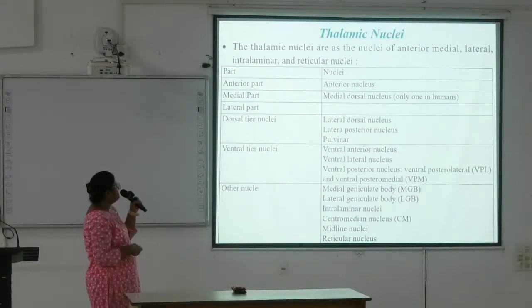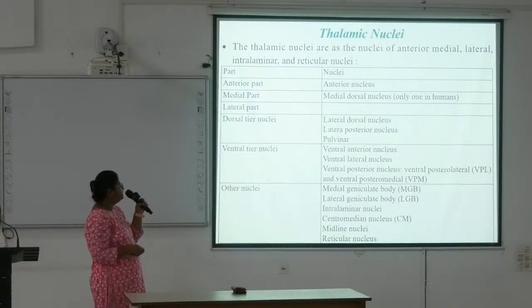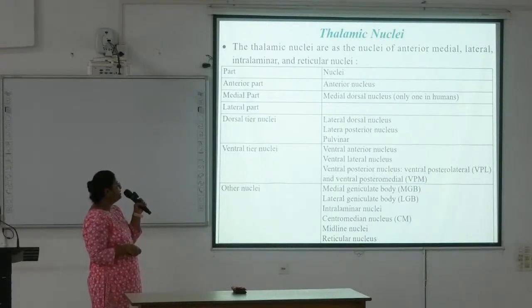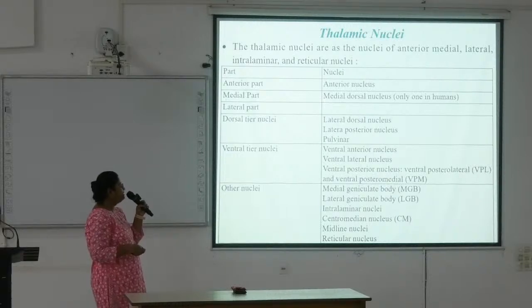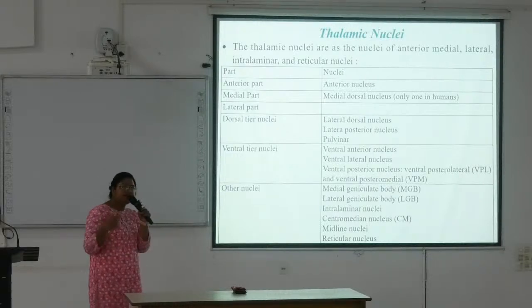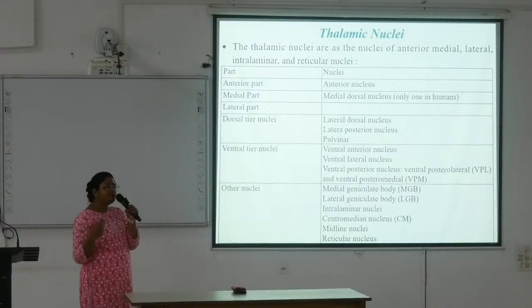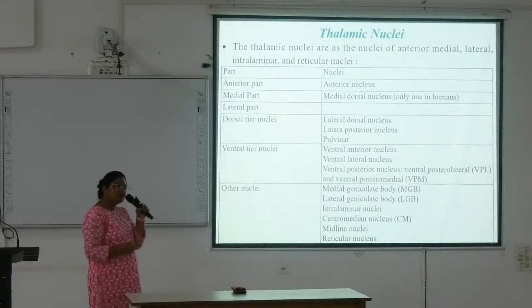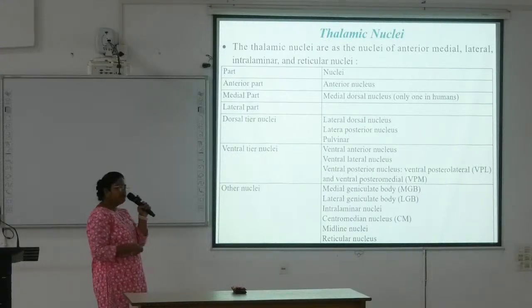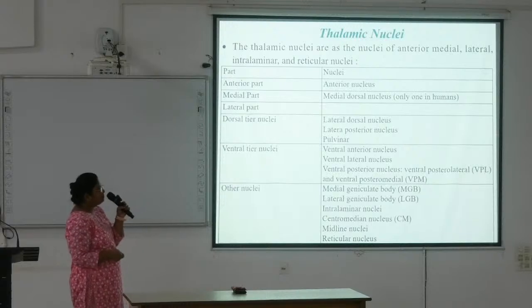The ventral tier of nuclei consists of ventral anterior, ventral lateral, and ventral posterior nuclei. Ventral posterior nuclei are again divided into two parts, ventral posterior lateral VPL and ventral posterior medial VPM. Okay, these two are important.